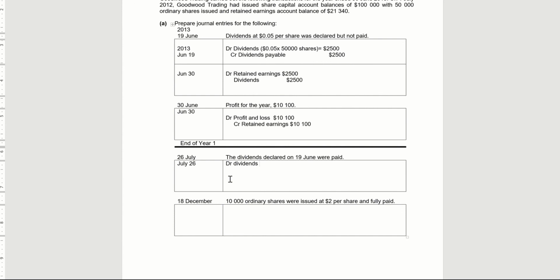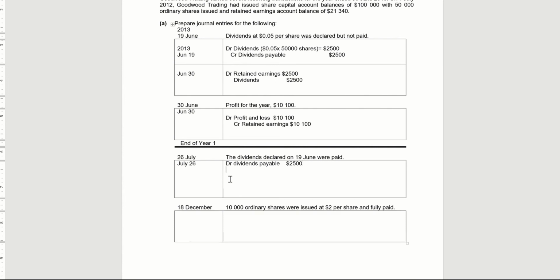Instead, we are merely making payment for dividends that was declared previously. So what we are paying is the dividends payable. So debit dividends payable. How much is the dividends payable? You need to look back to the previous year. The dividends declared was 2,500.